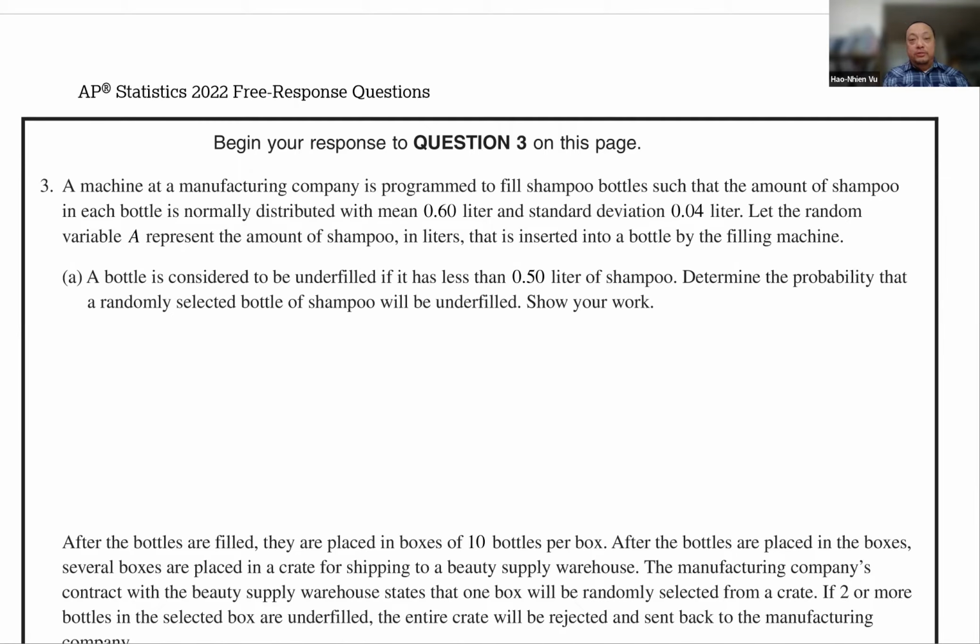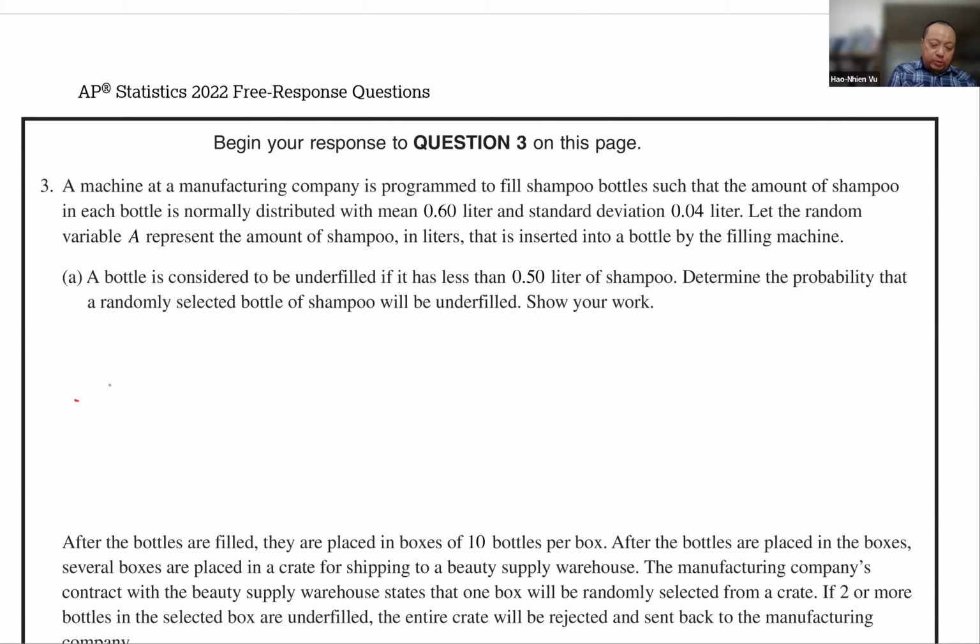The precision of a machine is pretty much a classic example used in all kinds of textbooks for the normal distribution. A bottle is considered to be underfilled if it has less than 0.5 liter of shampoo. Determine the probability that a randomly selected bottle of shampoo will be underfilled.